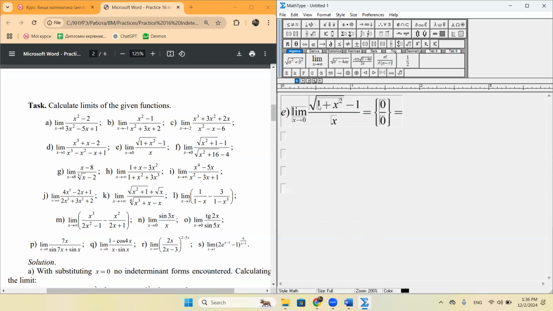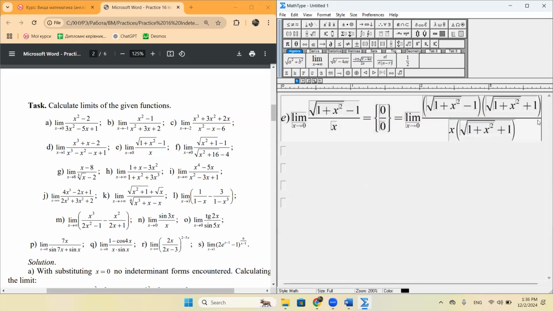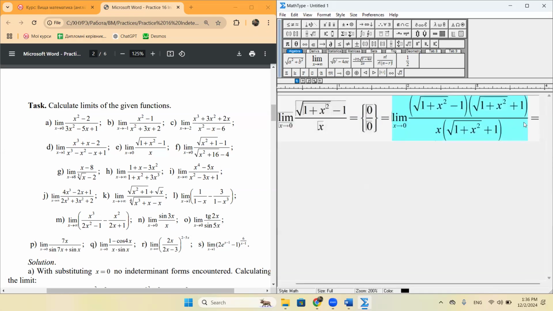We will multiply the numerator and the denominator by the conjugate expression. So how will it look? I'm multiplying by this expression and also dividing, so the equality is not broken, and everything is correct.